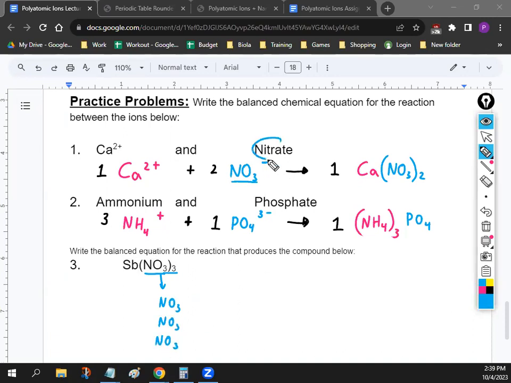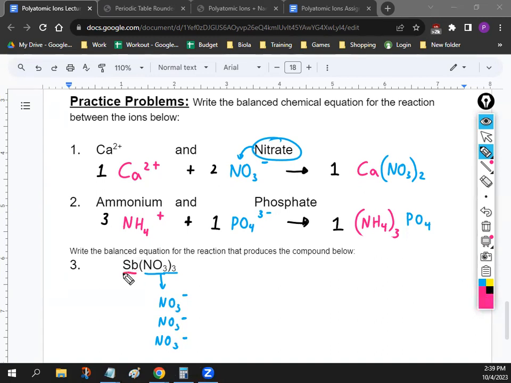And again, it's right here. We got it from this problem, nitrate. And each of the nitrates is -1. It's -1 for each of them. So again, we see nitrate here as the negative ion, the anion, and there's 3 of them, and they're all -1.